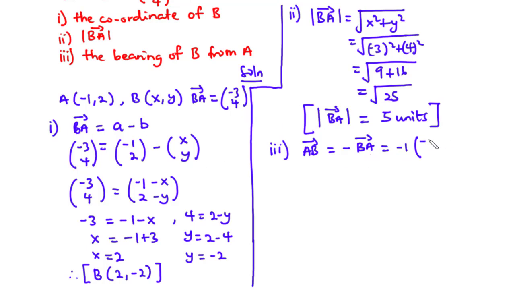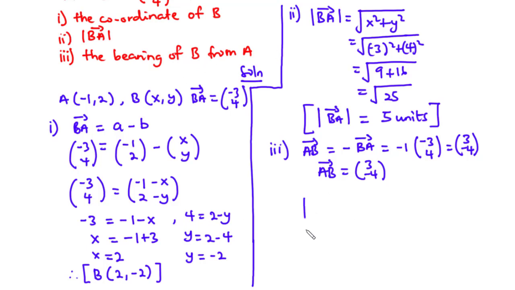BA is (-3, 4), so vector AB is equal to (3, -4). So this is the new vector AB, (3, -4). Now we can find the bearing of B from A.